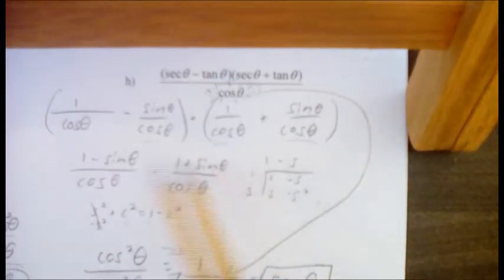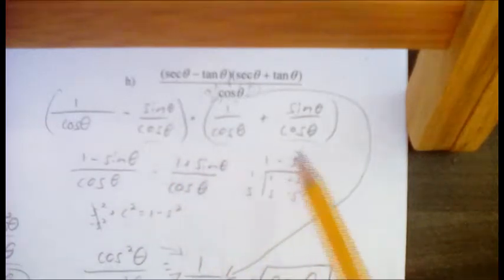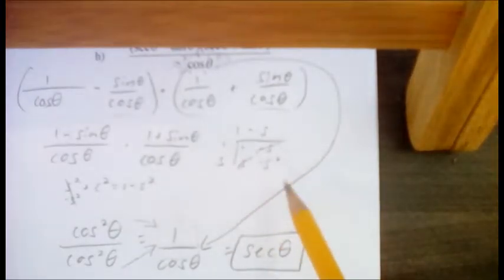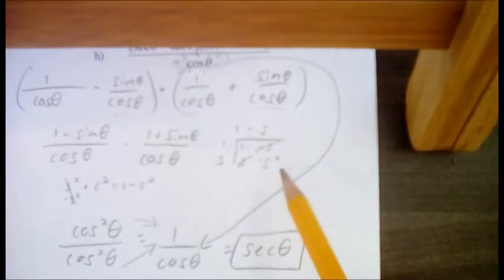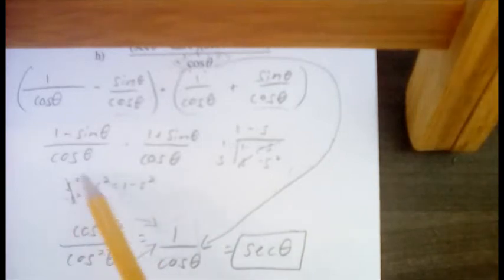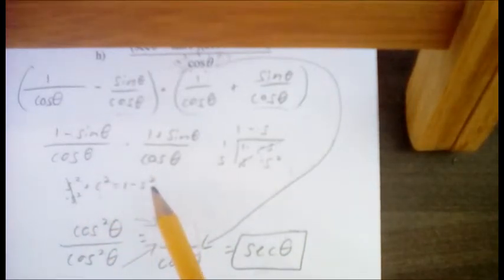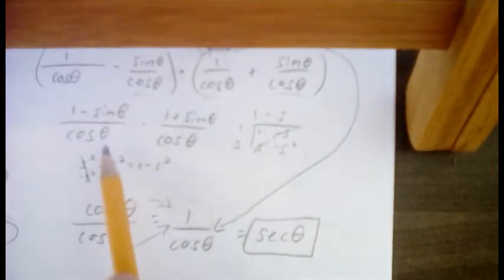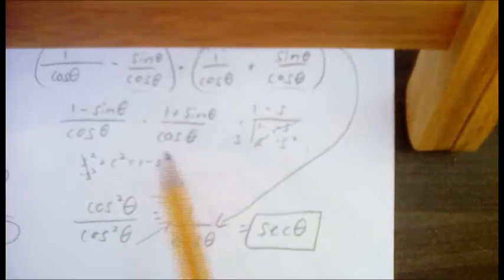So multiplying the 1 minus sine, 1 plus sine out, that is 1 minus sine squared, which is the same as cosine squared, which you can see with the sine squared plus cosine squared equation. So bringing that down, the numerator is cosine squared over the denominator, which is cosine times cosine, also cosine squared.